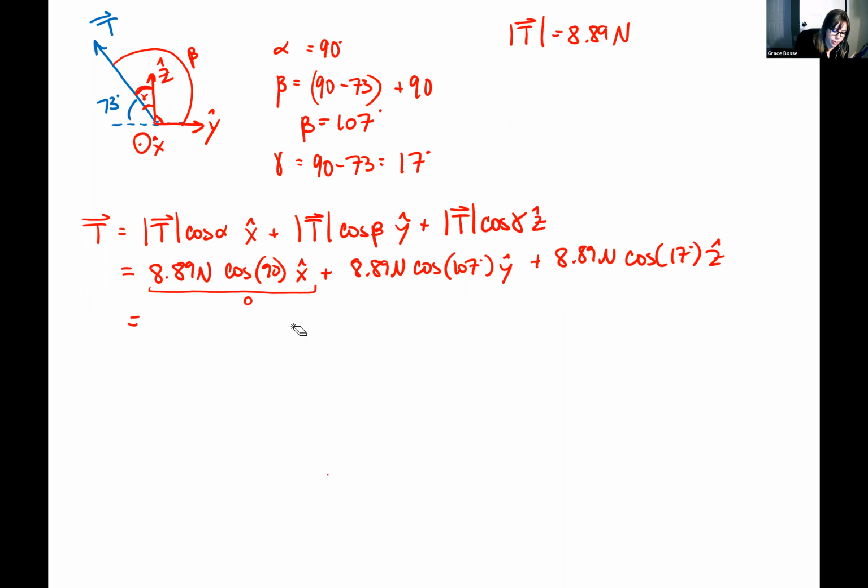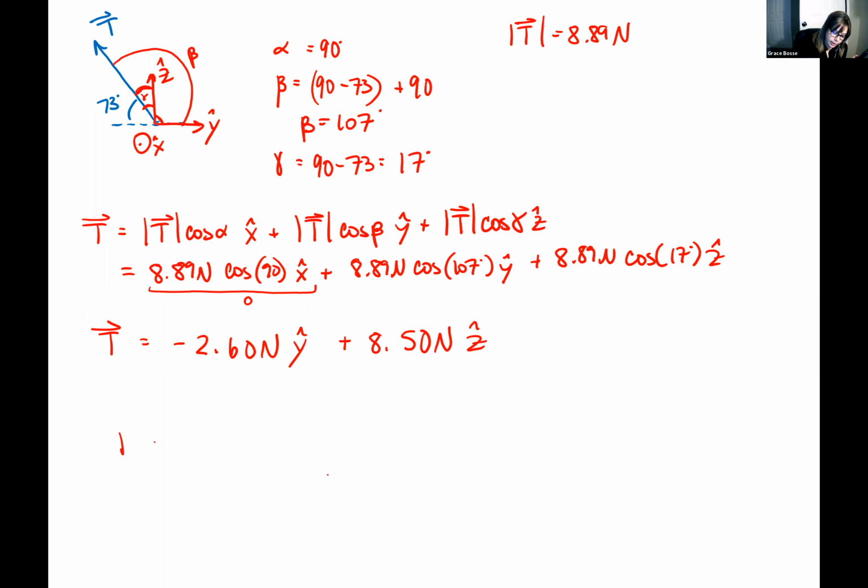So that first term is gone. The next term, 8.89 times the cosine of 107, that is negative 2.60 newtons y hat. And then my last term, 8.89 newtons times the cosine of 17, that is 8.50 newtons z hat. So there is vector t in component form.